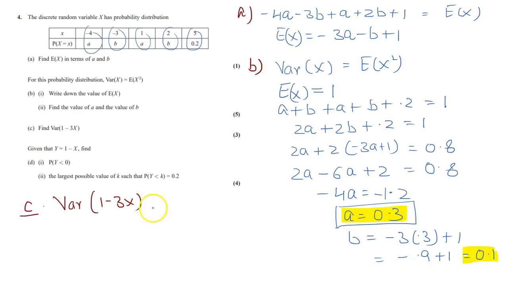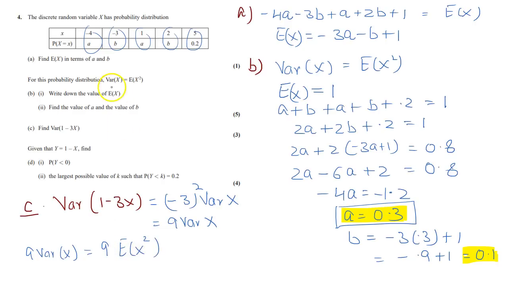So the variance of 1 minus 3X is equal to minus 3 squared variance of X. So that is equal to 9 variance of X. So 9 variance of X is equal to 9 E(X squared). We have taken this from there.